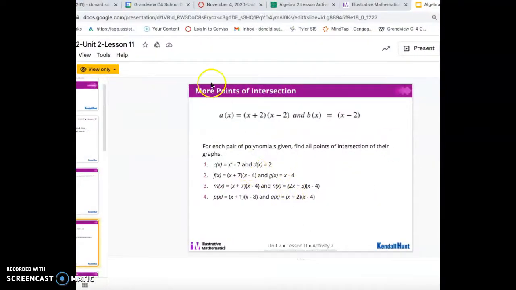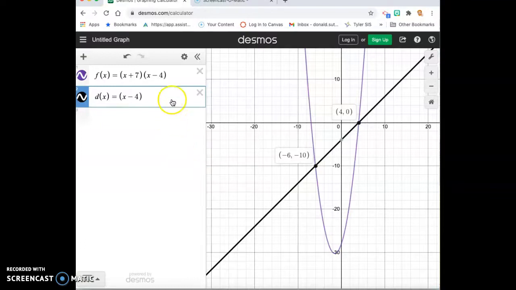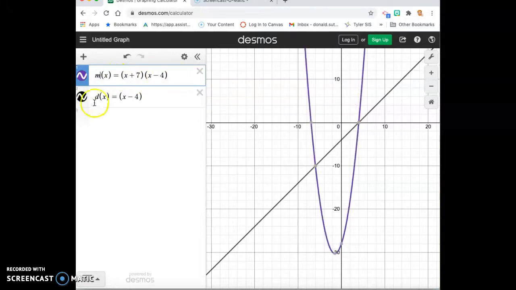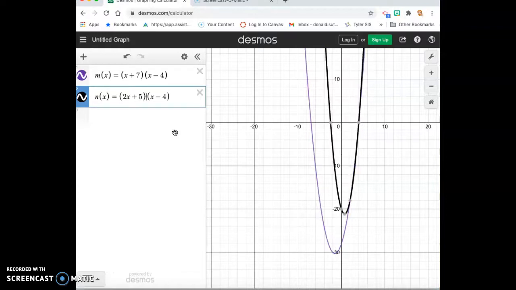The point is pick one and use the one you like. So we've got x plus 7, x minus 4. They named that m, really doesn't matter. And the other one they named n of x, and we had 2x plus 5 and x minus 4.